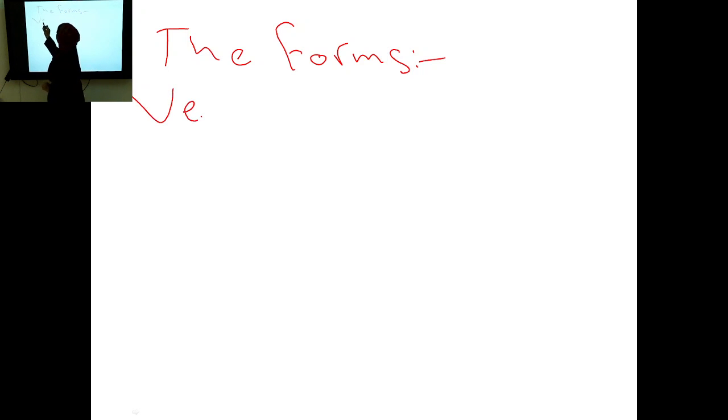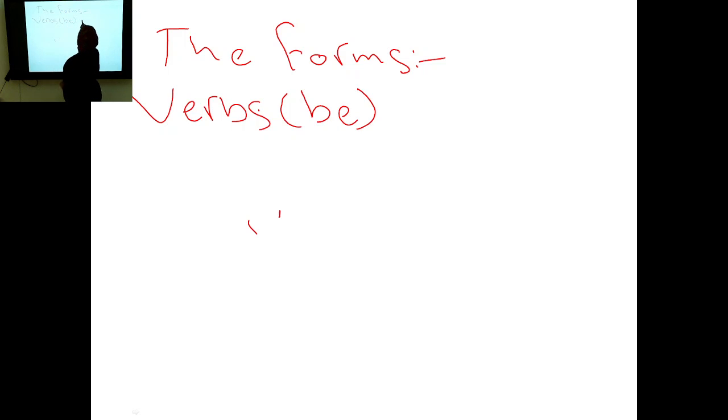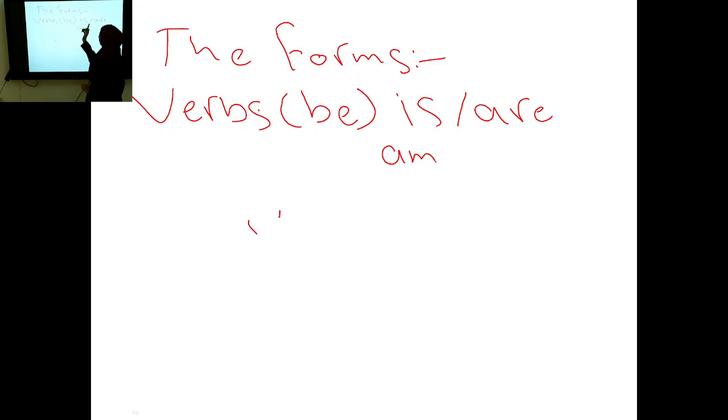Verb to be, which is is, are, and am. Now, we use is with the singular subject, which means with the pronouns he, she, it, and so on. We use it with the singular nouns. For example, Ahmed, Sarah, student.